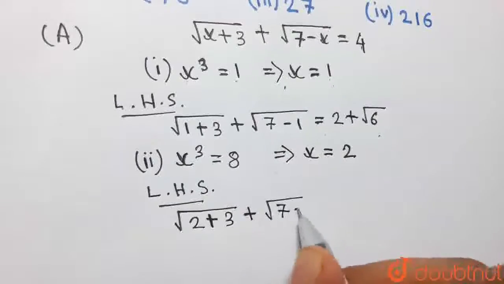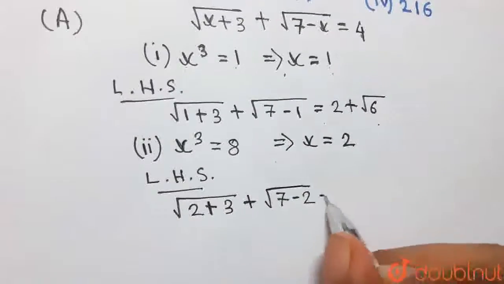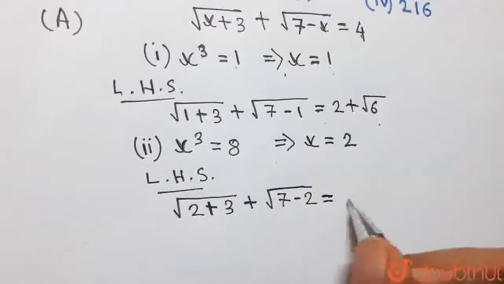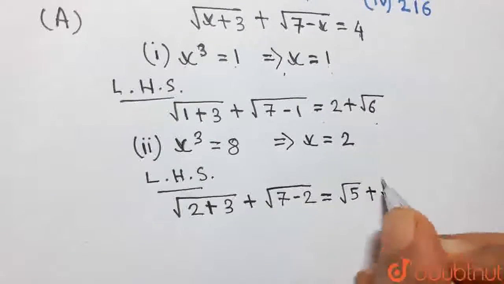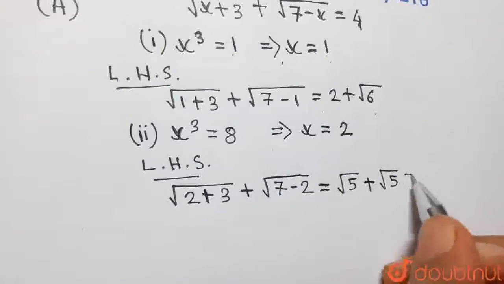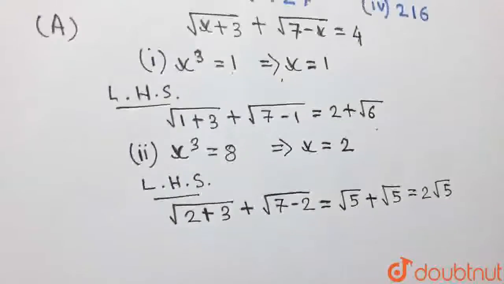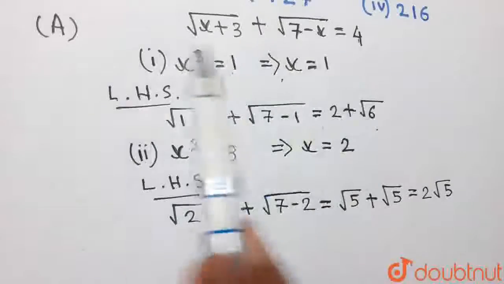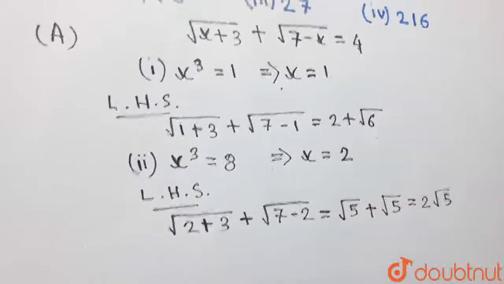This is root 5 plus root 5, which comes out to be 2 times root 5, not 4. So x equal to 2 does not satisfy the equation. Hence x cannot be equal to 2, and x cube cannot be equal to 8.